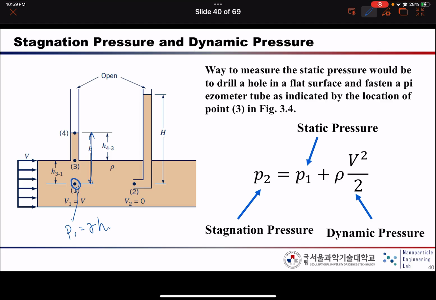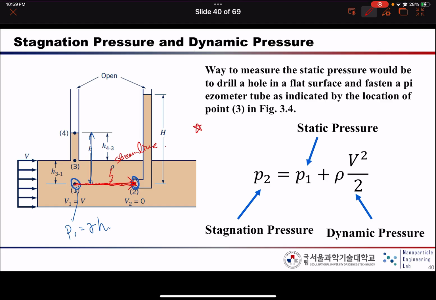But at point 2, since 1 and 2 are at the same location, if you make a streamline, we can connect P1 and P2. This is the streamline.